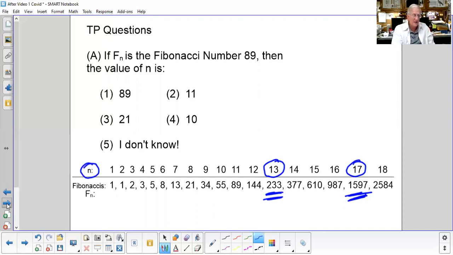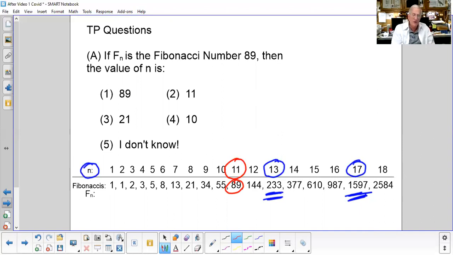Now it says here, if F sub N is the Fibonacci number 89, then what would the value of the subscript N have to be? Well, if you look at the number 89, I'll show it to you in red right here. It is in what position? The 11th position.